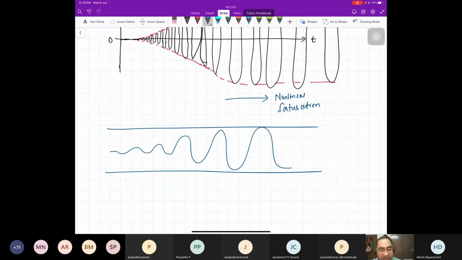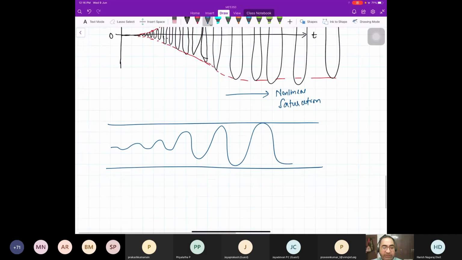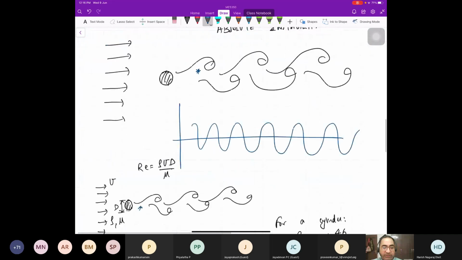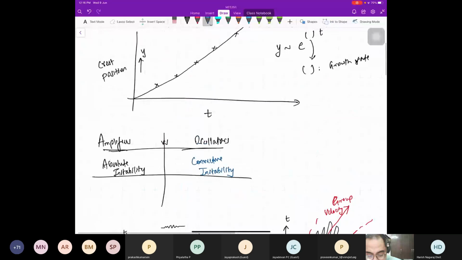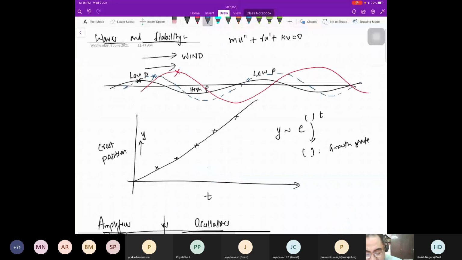Okay, we've continued the language of waves, but now you see, in these last few examples that I've talked about, they are exclusively fluid examples. I've moved away from simple mechanical systems like a spring mass damper.